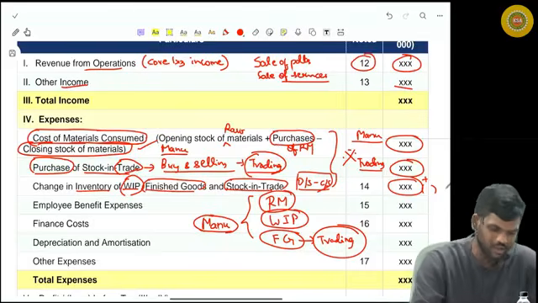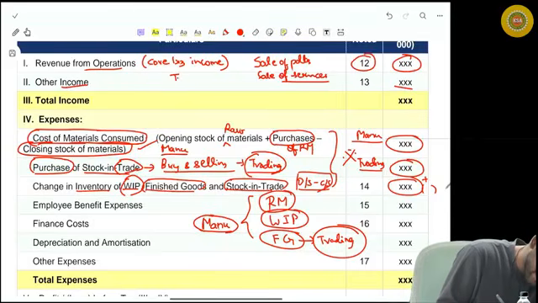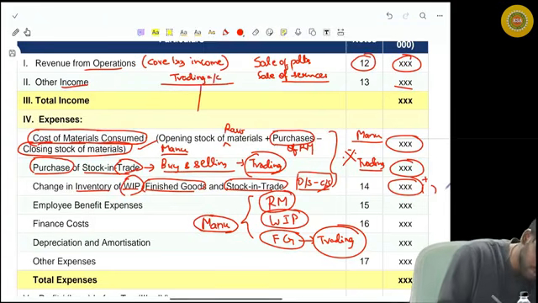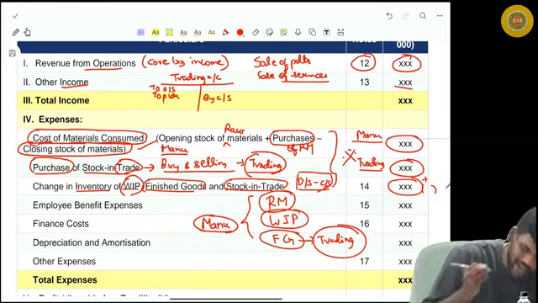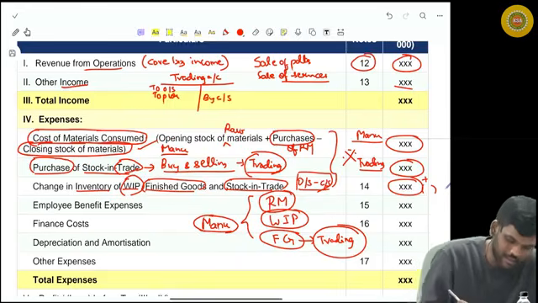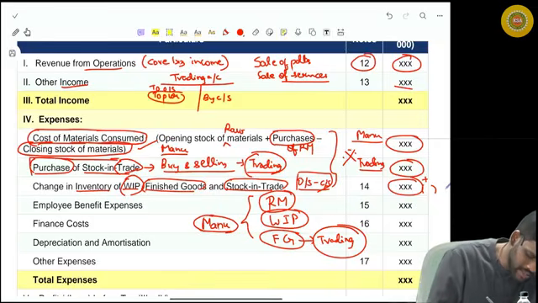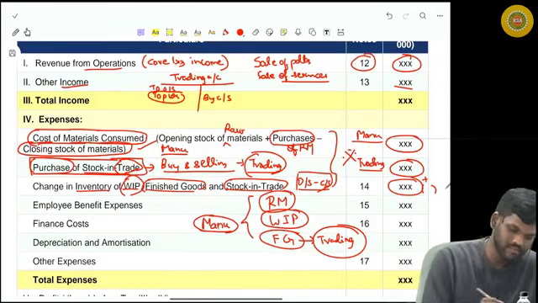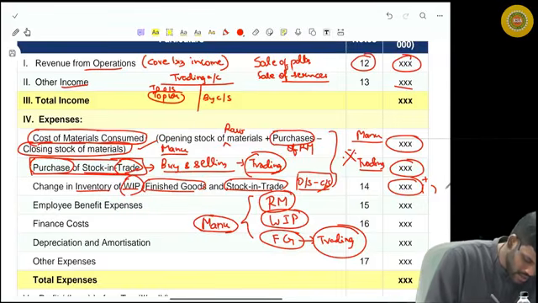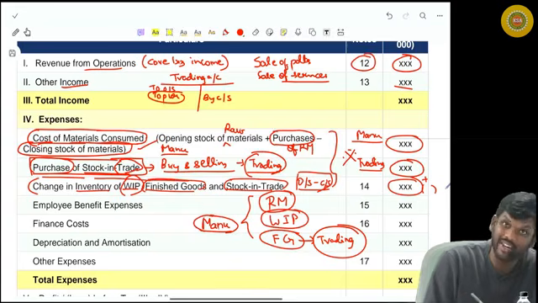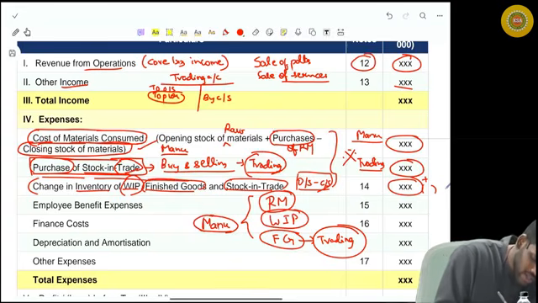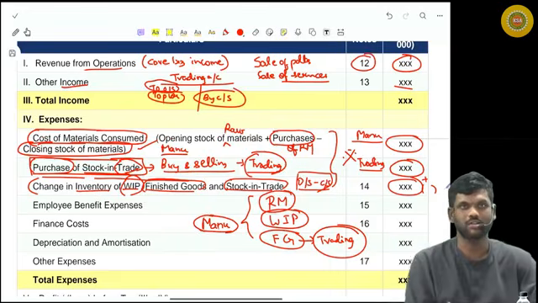Sir, can you tell me conceptually? In our 11th standard, we used to prepare the trading account. In the trading account, what we used to do? We would write purchases, and above that we would have opening stock, and then we would deduct closing stock. Correct? Now remember, assume you are a trading company. Purchase of stock in trade is coming here separately. What is coming in the change in inventory is opening stock minus closing stock.